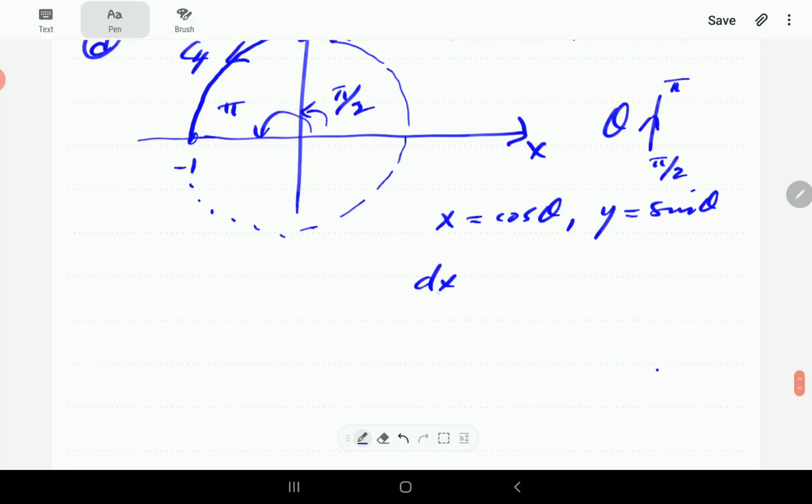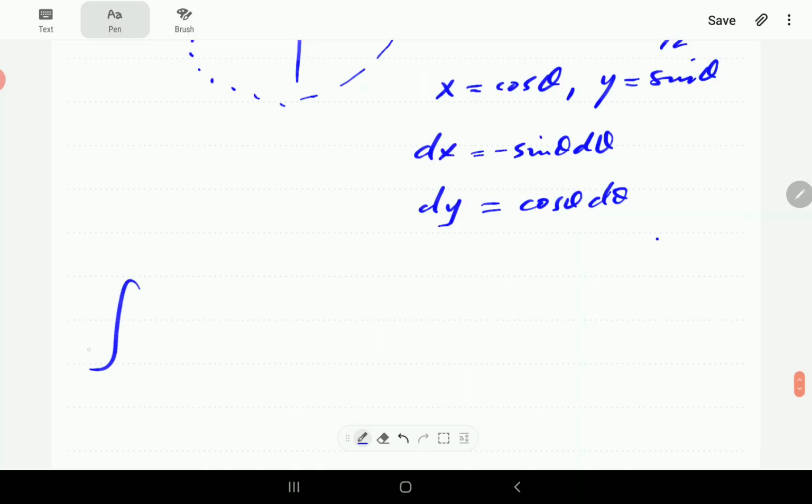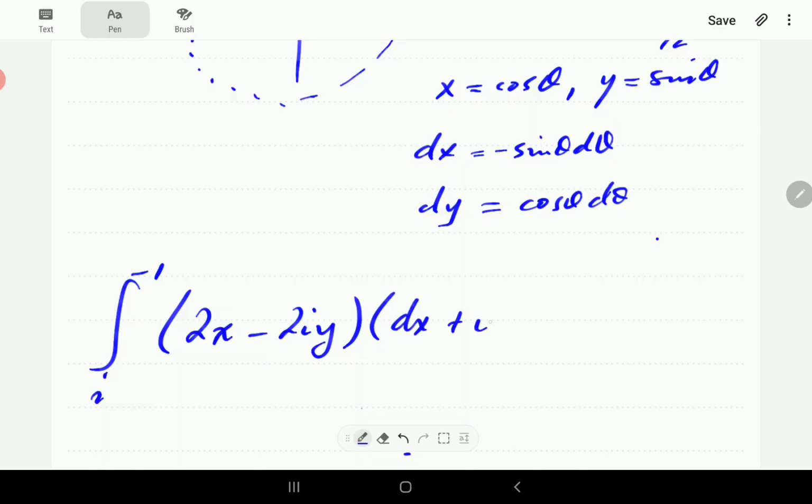We are going to need dx, which is going to be minus sine theta d theta, and dy is going to be cosine theta d theta. So if we rewrite this in terms of the new parameter theta, we've got (2x minus 2iy)(dx plus i dy).